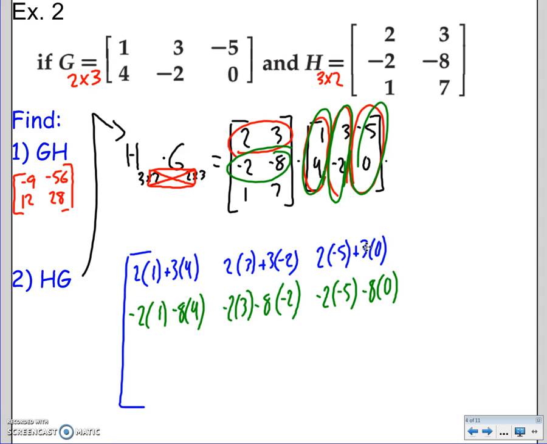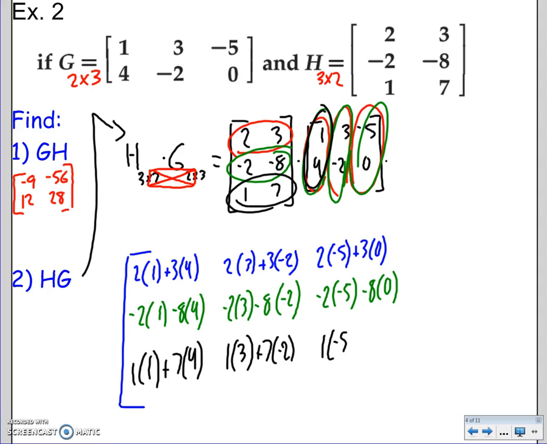Alright, and lastly, the last one, so 1, 7 times the first column, so 1 times 1 plus 7 times 4, 1 times 3 plus 7 times negative 2, 1 times negative 5 plus 7 times 0. So I filled everything out.